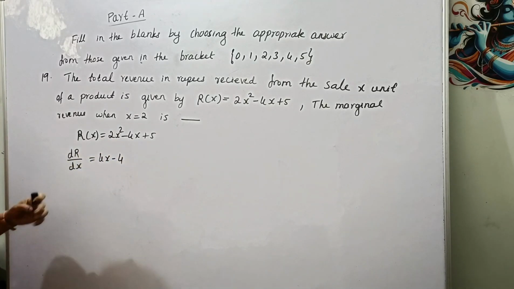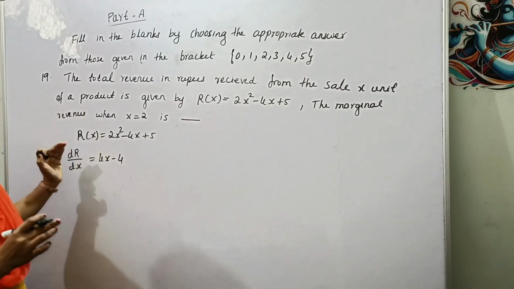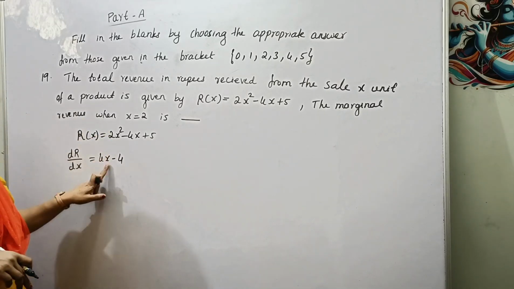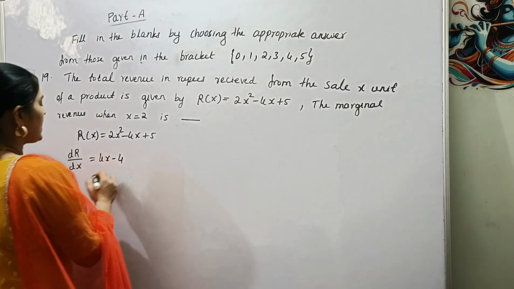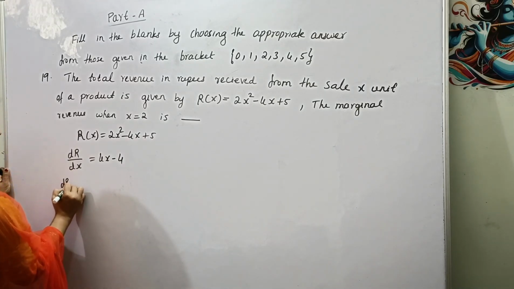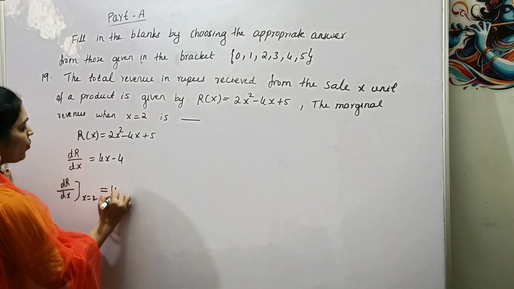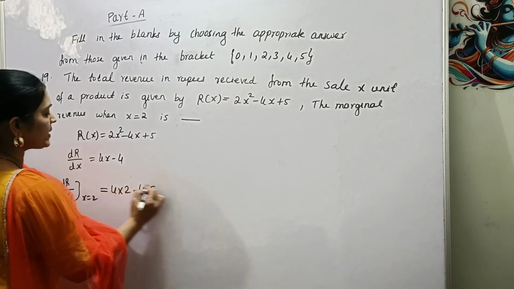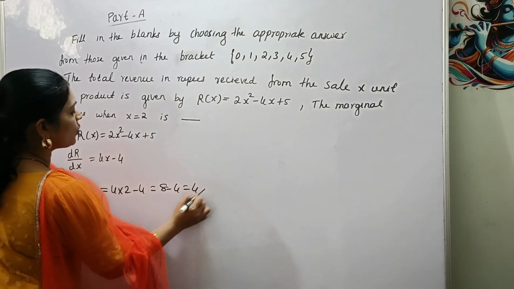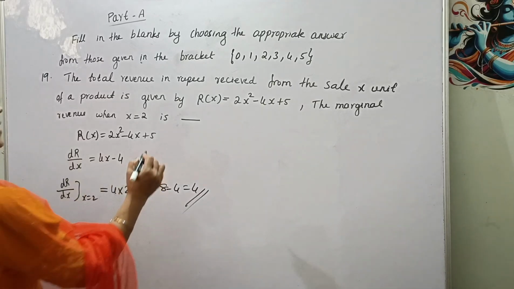We have to find the value of marginal revenue when x is equal to 2. So substitute x is equal to 2. That is, dr by dx when x is equal to 2 is 4 into 2 minus 4, that is 8 minus 4 is equal to 4. So 4 is the answer.